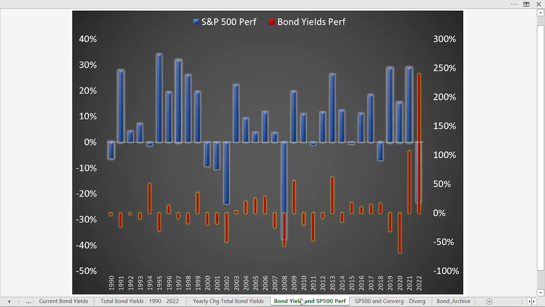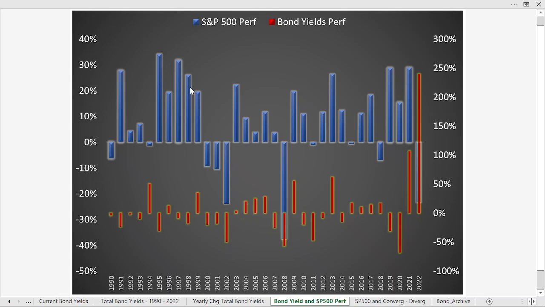Taking a look at the blue histogram bars, that shows us the S&P 500 performance. And we can see that over the long term, the S&P 500 enjoys on average about 7 to 10%, maybe 12% a year. In the early 1990s, 1991, I believe, we see an S&P 500 that was almost 30% to the upside.